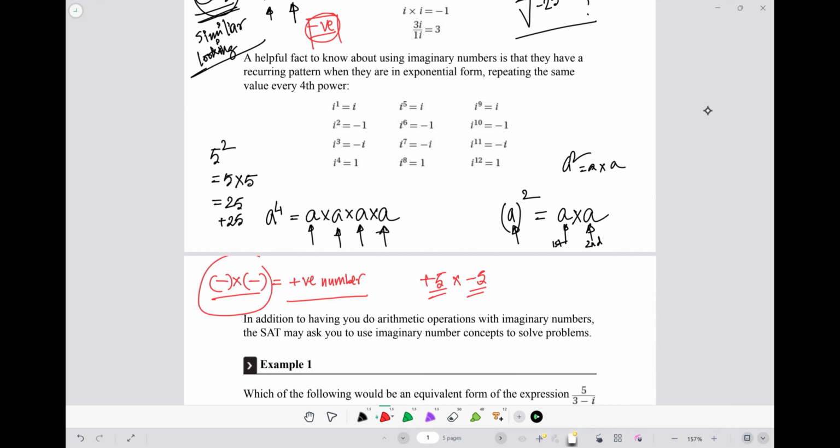You're multiplying two different numbers. Multiplying two same numbers means you multiply plus 5 with plus 5. That's the meaning of multiplying same numbers.